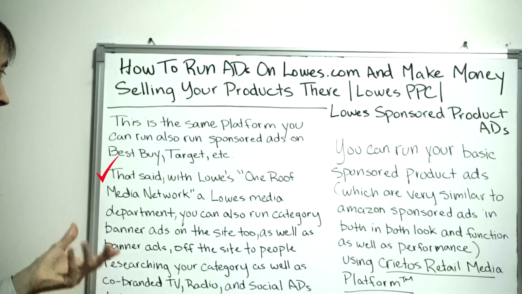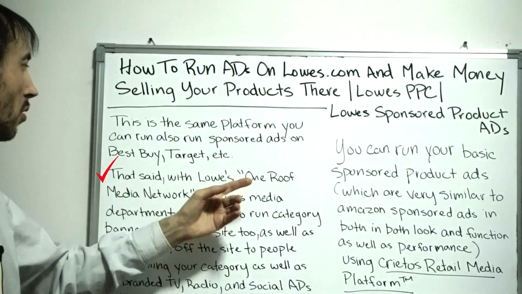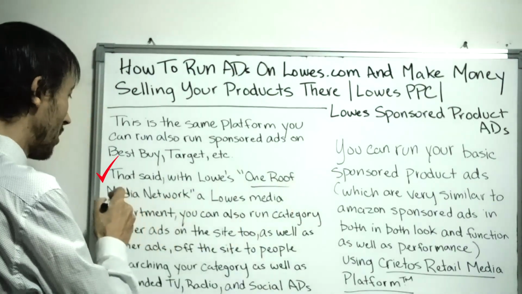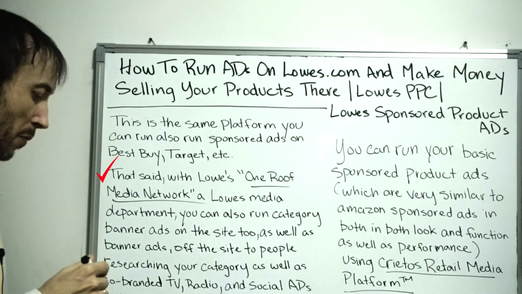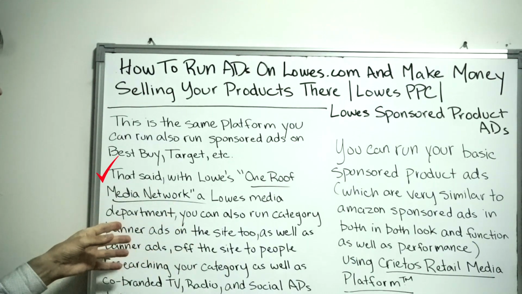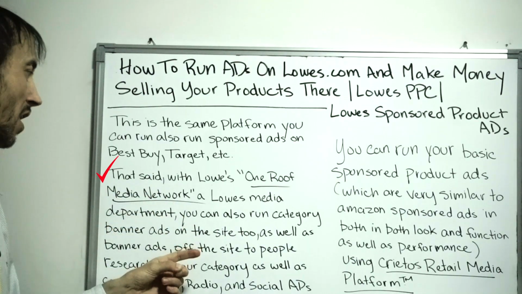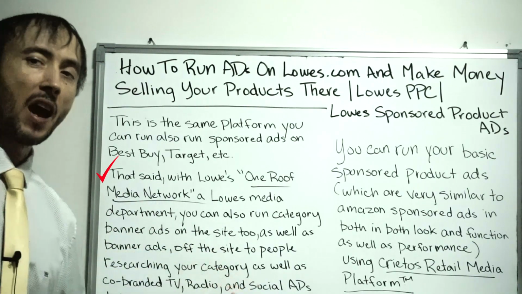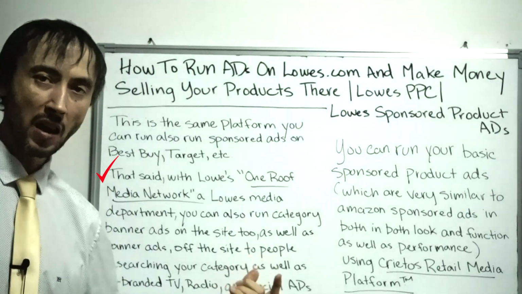just as a small aside. Now, that said, Lowe's, what they call One Roof Media Network, is a department of Lowe's where you can also run category-based banner ads on Lowes.com, as well as banner ads off-site and a number of other ad placements that are co-branded with Lowe's.